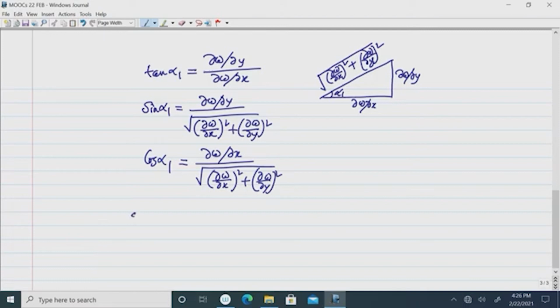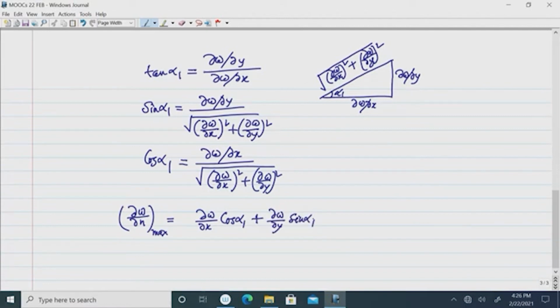The maximum slope, for the particular angle, we have found is given as del w by del x cos alpha 1 plus del w by del y sin alpha 1.